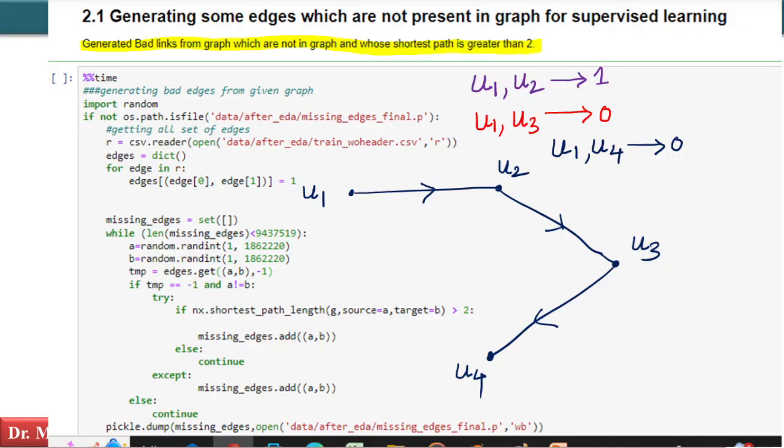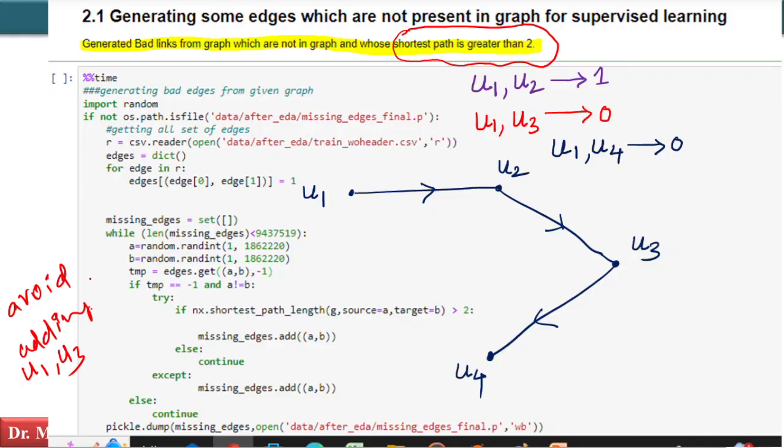So what we are going to do is avoid adding pairs of vertices like u1, u3. Just this point is important: avoid adding pairs of vertices like u1 comma u3, isn't it?